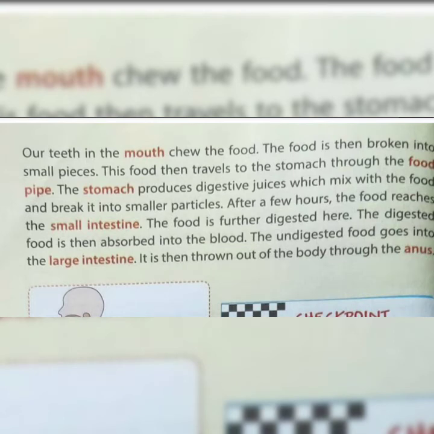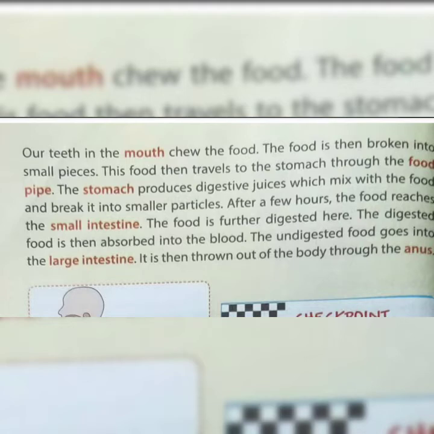The food is then broken into small pieces. This food then travels to the stomach through the food pipe. The stomach produces digestive juices which mix with the food and break it into smaller particles.